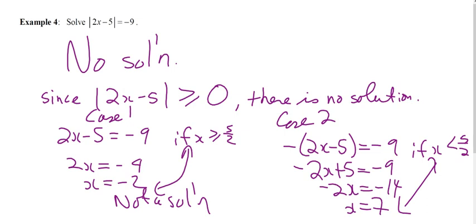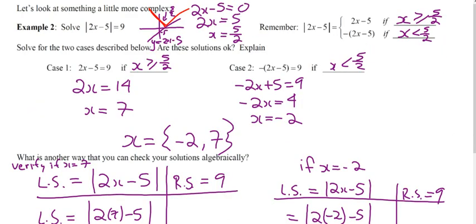But 7 is not less than 5 halves, right? So it violates the case. So no solution. Okay, so when we solve the cases, we have to get values that are consistent with the case. Right? And those cases just go back to the original, right? Case 1, absolute value of 2x minus 5 is 2x minus 5 if x is greater than or equal to 5 halves.